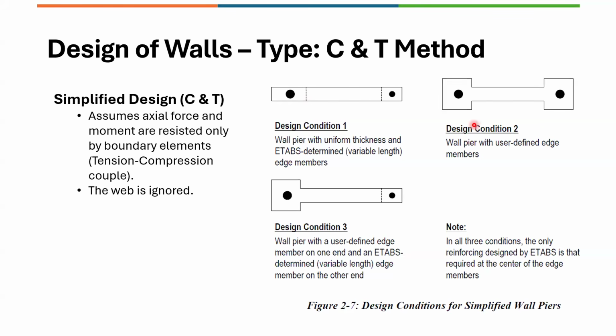Or you can also specify user-defined edge members and design for it, and it will reply in the design output whether it is safe or not. You can also consider one edge is specified and the other edge is variable. Then the program can do all the three conditions.